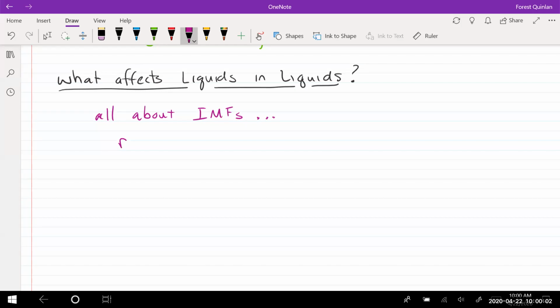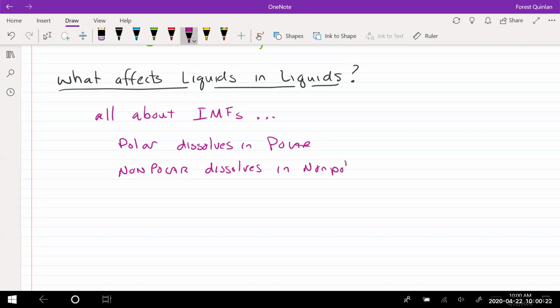Just remember that polar dissolves in polar, and nonpolar dissolves in nonpolar. Like dissolves like. It is a phrase that a lot of people use.